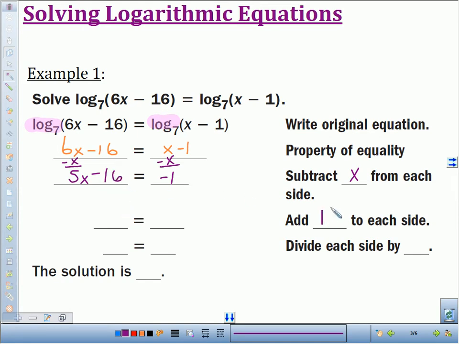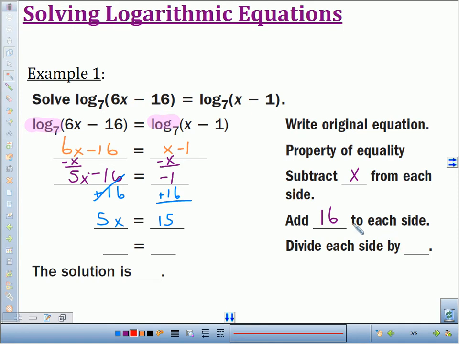Then we can add 16 to both sides. That would be a good next step. So plus 16 here, plus 16 there, trying to isolate the x. We get 5x equals 15. Negative 1 plus 16 is 15.